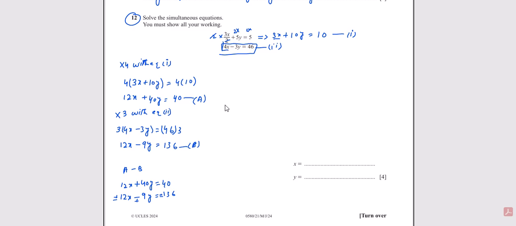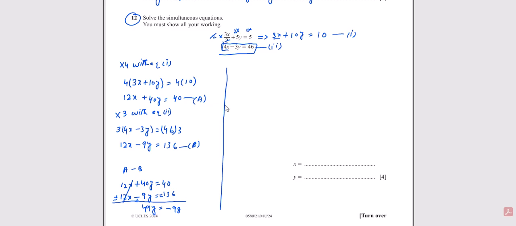This one is plus 12x and next is minus, so they cancel with each other. So these values, 40 plus 9, that is equal to 49y, and 40 minus 138, that is equal to minus 98.